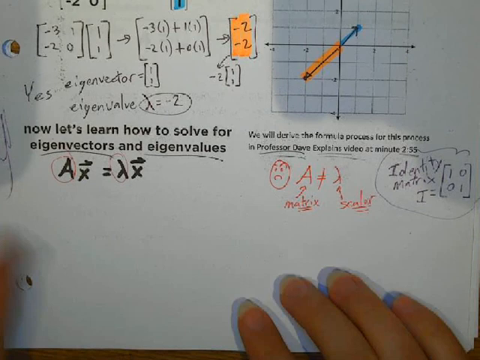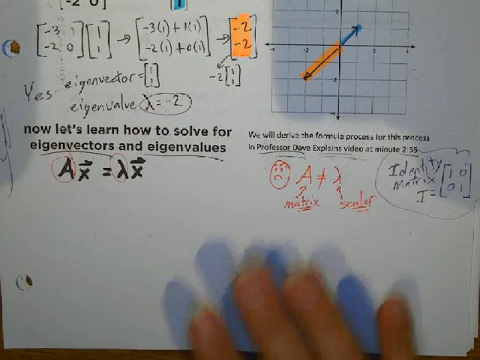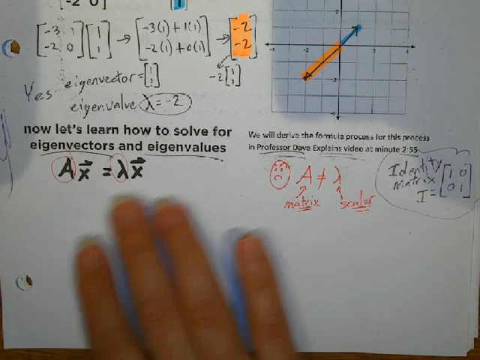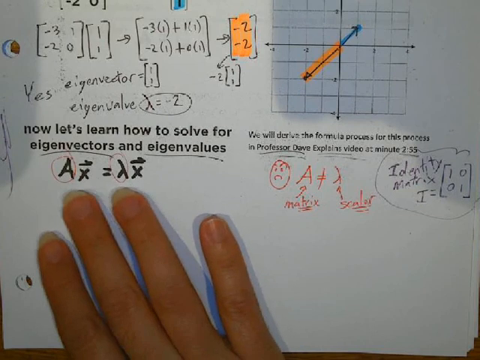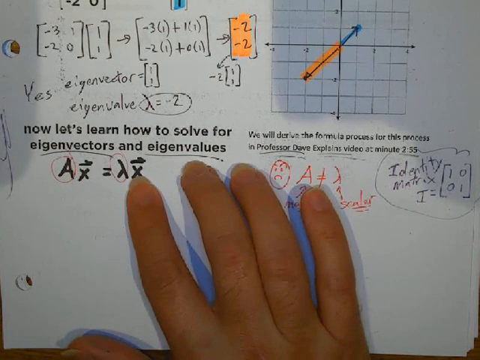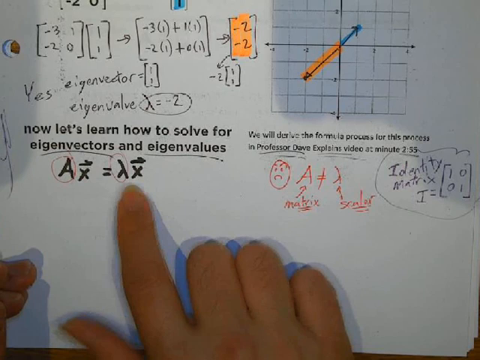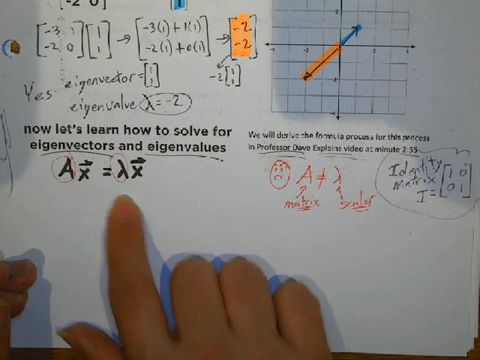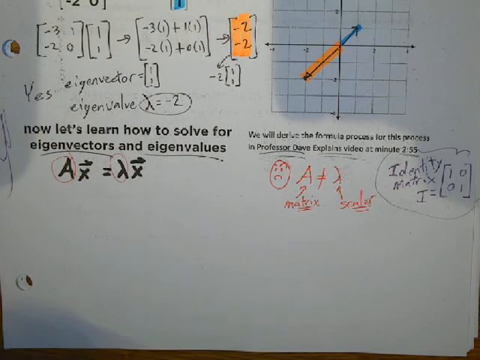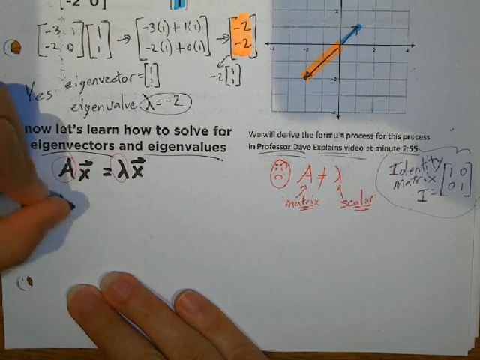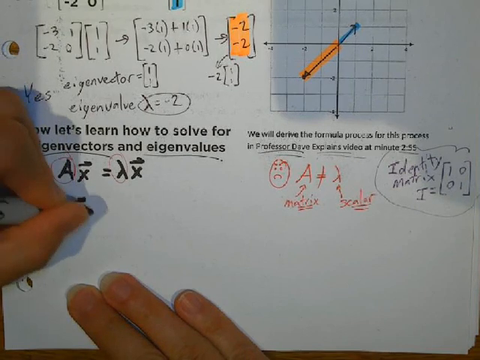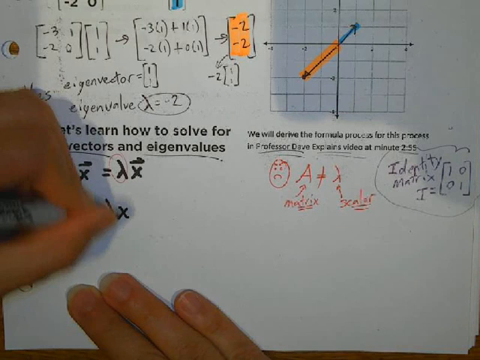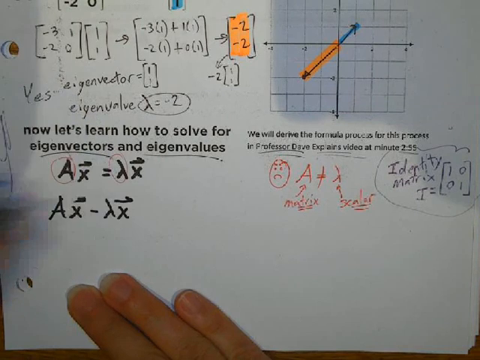So first of all, if I subtract lambda x on both sides, I end up with A x minus lambda x equals 0, right?